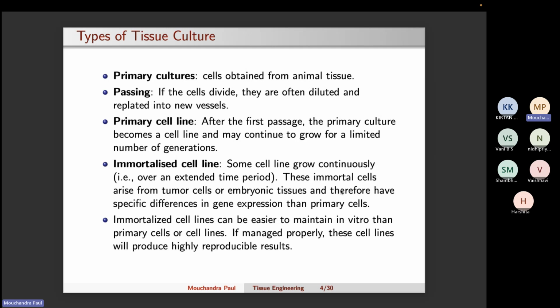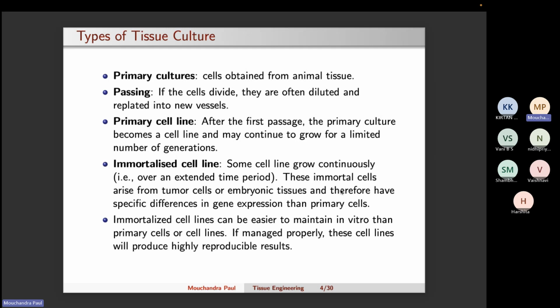If it is an adherent cell, it needs a substrate on which to adhere, and then the cells will divide. After a number of cell divisions, you will have to transfer the cells to a new vessel, that is, a new substrate. That is called passaging. So you are passaging a few cells from one vessel to another.